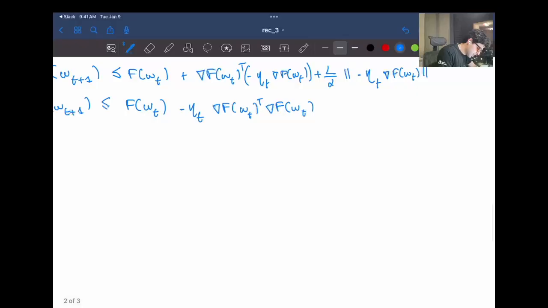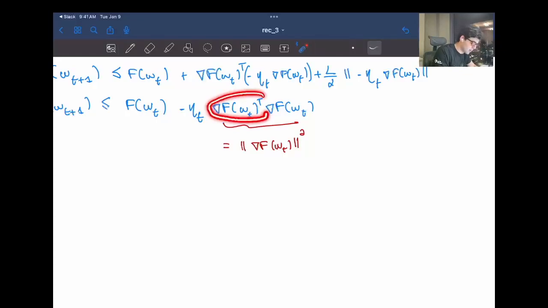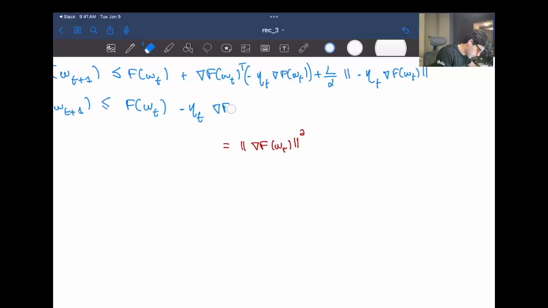But this is just equal to the norm squared of the vector that results from taking the gradient of f of w_t, right? You can think of this as, for any vector, this is equal to this. And so let's remove this and then put this here.